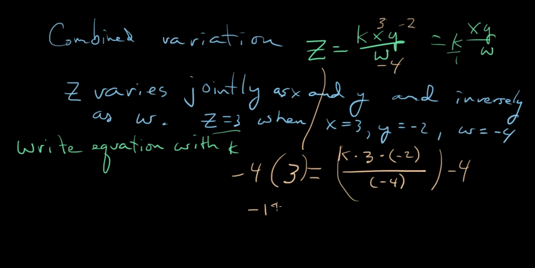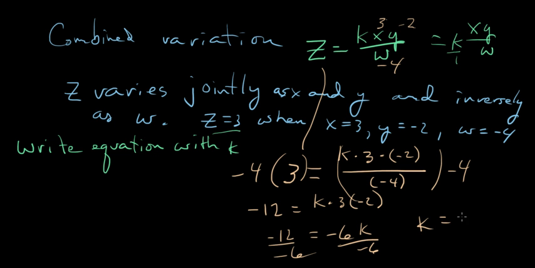You get -12 equals k times 3 times negative 2. Okay? Well, negative 2 times 3 is negative 6. So negative 6k equals negative 12. Divide by negative 6, k equals 2.